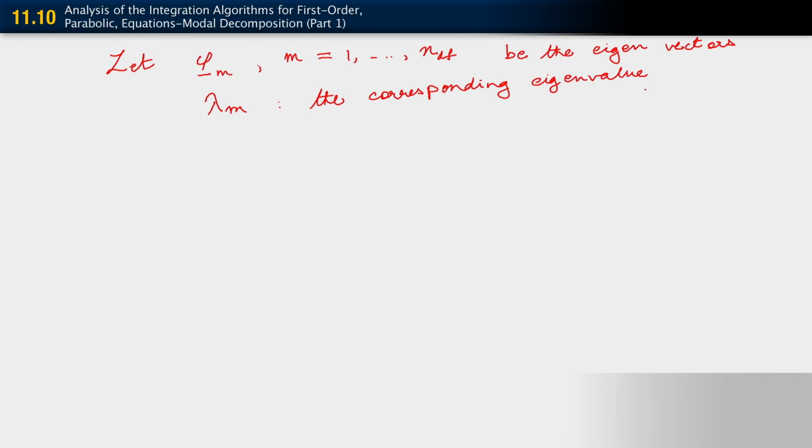So lambda m is the corresponding eigenvalue.